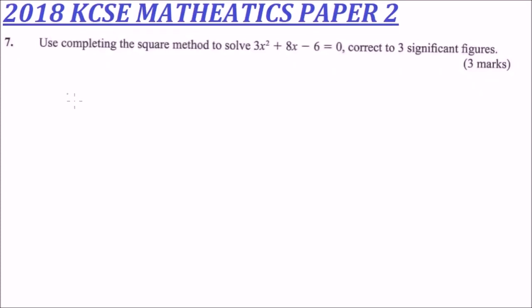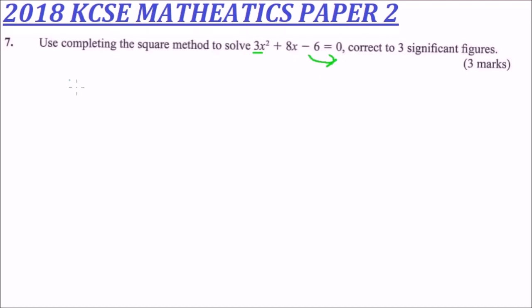So in this question, you are required to solve the equation 3x squared plus 8x minus 6 equals 0, correct to 3 significant figures. In this equation, you need to make the coefficient of x squared 1. So we divide through by 3, and we take minus 6 to the other side, it becomes 6.